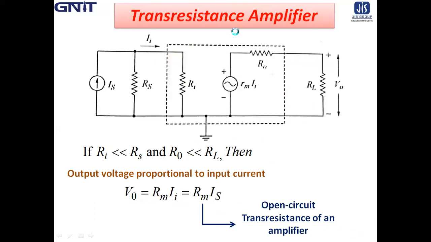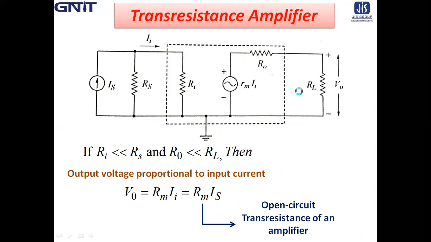Next is the transresistance amplifier. Now, it is just the reverse of transconductance. That means in the input we are applying the current source, and from the output we get the voltage.